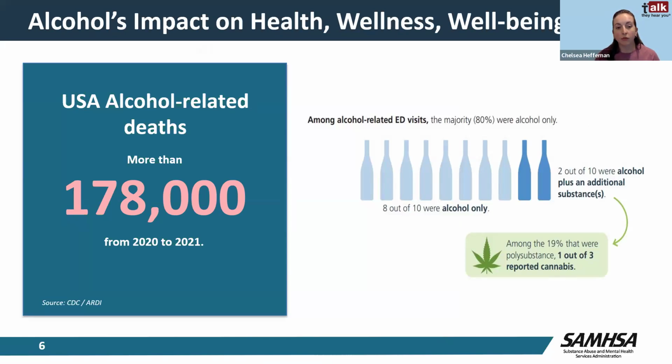Okay, here's some more information. Between 2020 and 2021, over 178,000 Americans died from alcohol-related causes. That's more than opioid deaths in the same period. And on the right side, this data is from the Drug Abuse Warning Network, or DAWN.